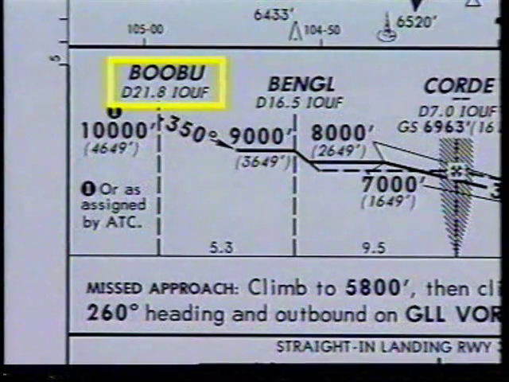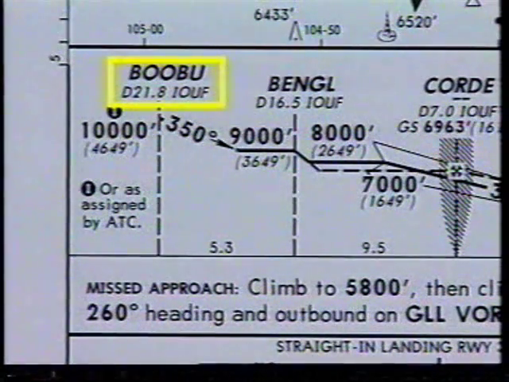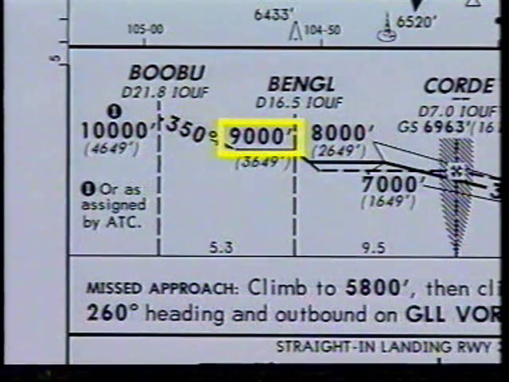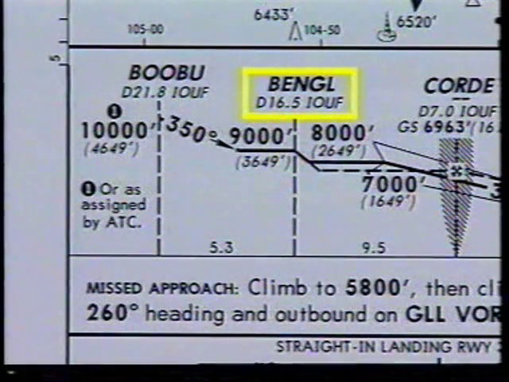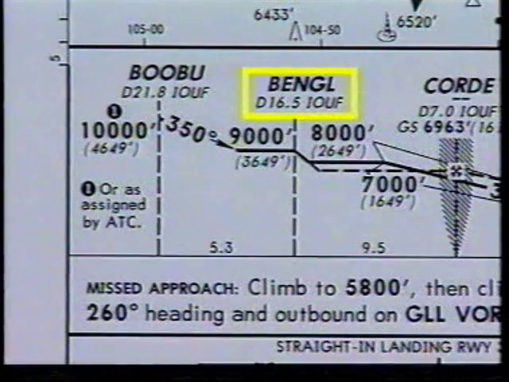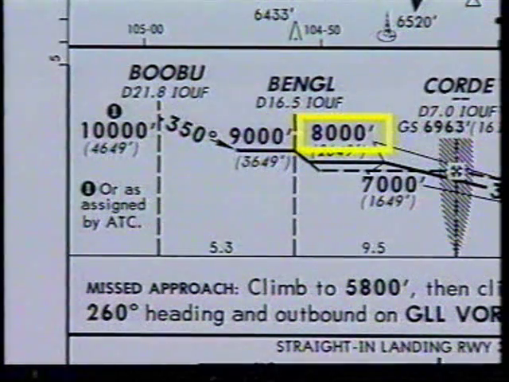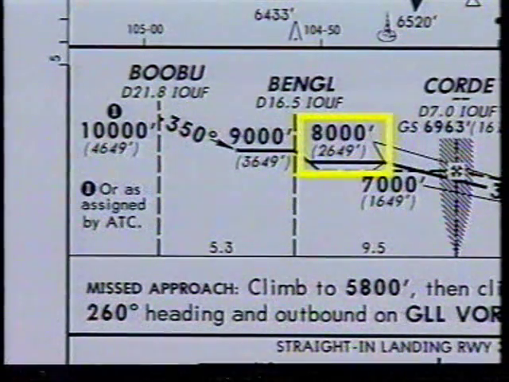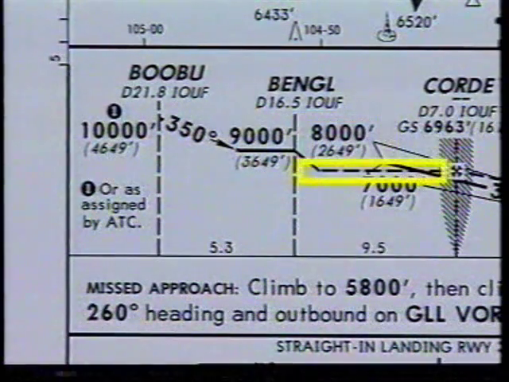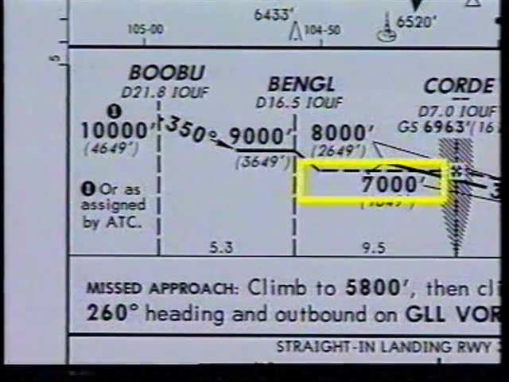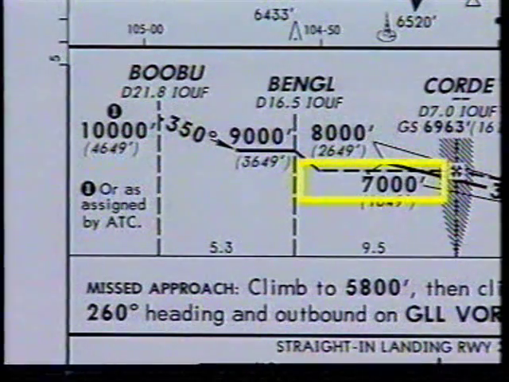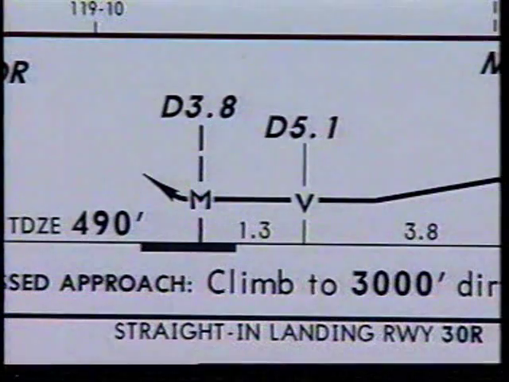After you have passed the Boo Boo intersection, which may be identified by the 21.8 DME of the ILS localizer, you can descend to an altitude of 9,000. After passing 16.5 DME, which is Bengal intersection, you may descend to 8,000 feet to intercept the glide slope. However, for the localizer-only approach, you may descend to 7,000 feet.